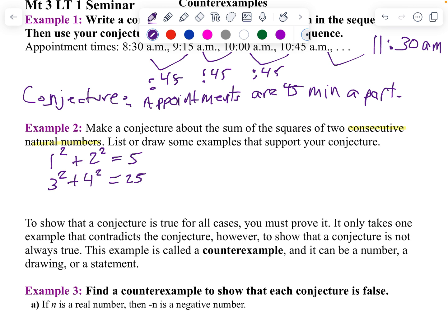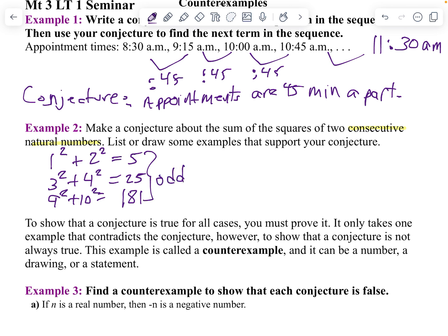Let's try another one. Let's go 9 squared plus 10 squared. That's 81 plus 100, 181. I'm going to rewrite that 181 for you. And notice my pattern here. If I look at those numbers, notice they're all odd, aren't they?